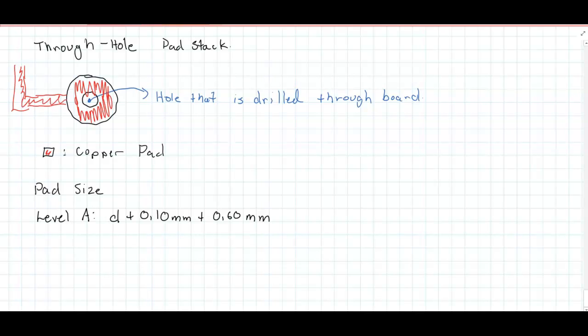You might say, why don't I just say 0.7? Well, it's because of the way the standard's written, and this comes from a different standard than the 2221. So then you have level B, which, if you follow what it was for the previous standard, you can guess that these are going to be decreasing values.